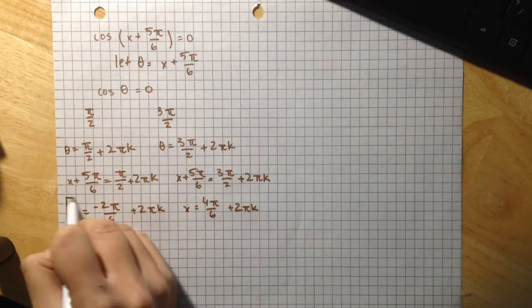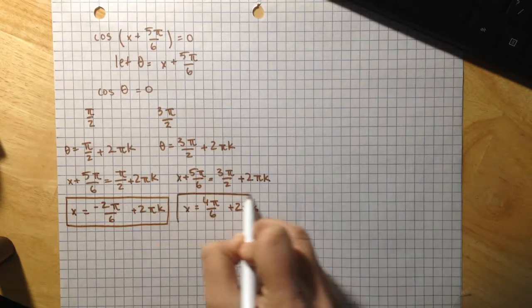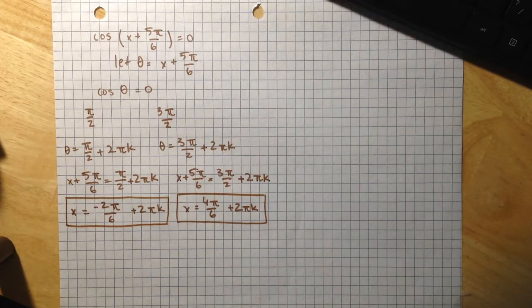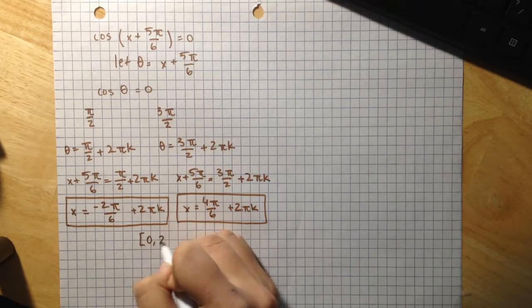So these two equations are how you can represent all of the infinitely many solutions that this equation has. But we are asked to only list those solutions which are on the unit circle, so they are within 0 and 2π.